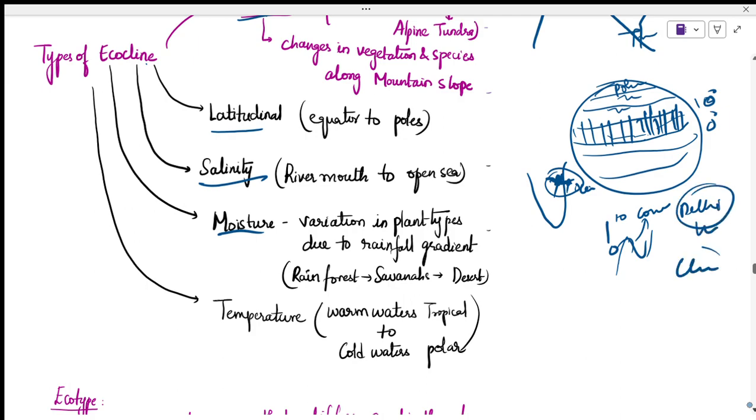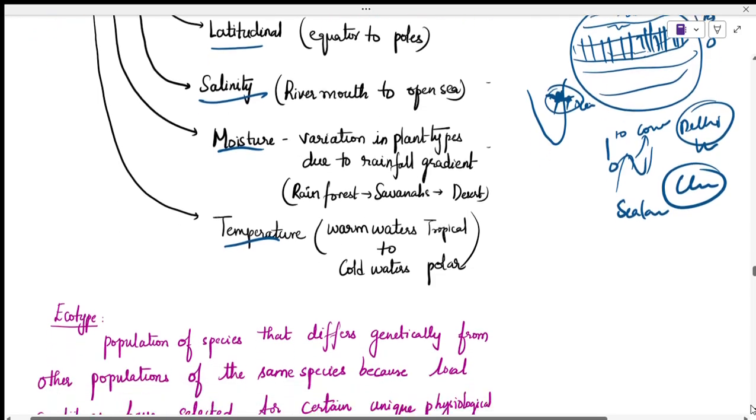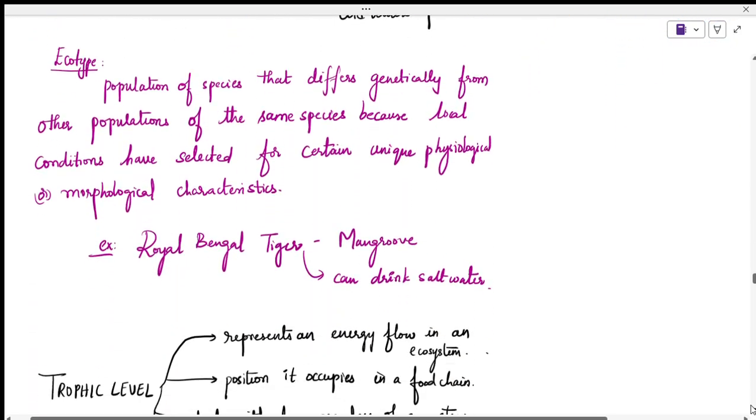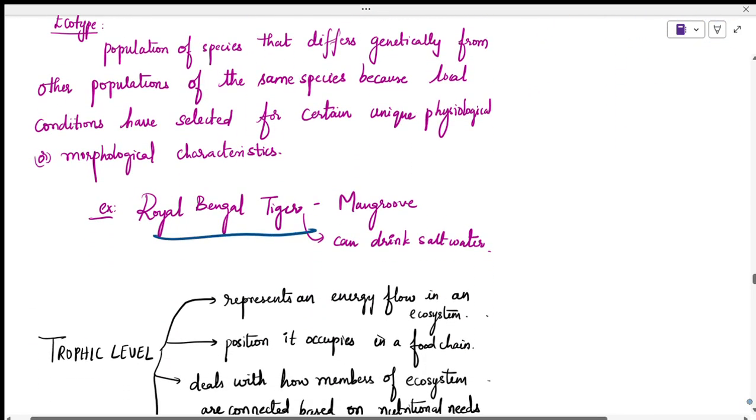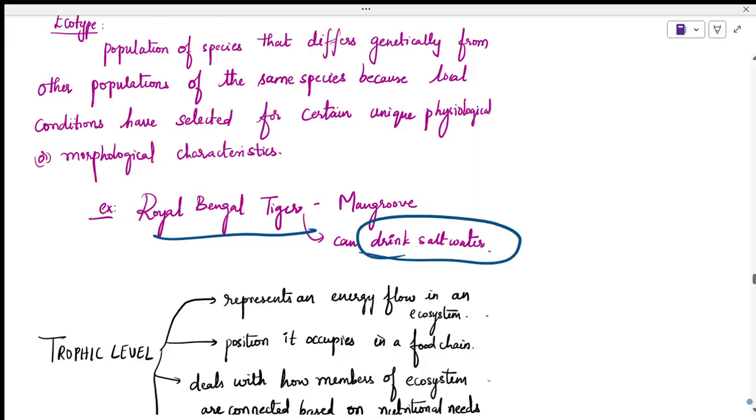Chennai will have more humidity due to sea land differential, and this can also be called moisture ecocline. Temperature, we can relate with this itself. So ecotype, the Royal Bengal tiger is an example of an ecotype which can drink salt water. This fact you should remember.